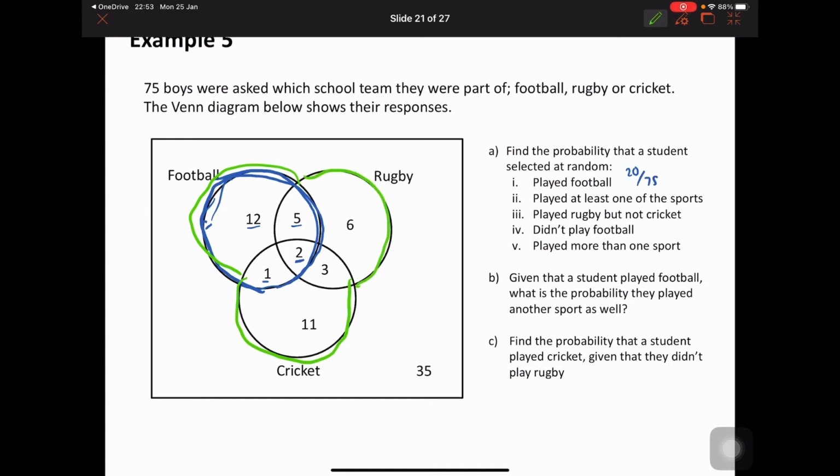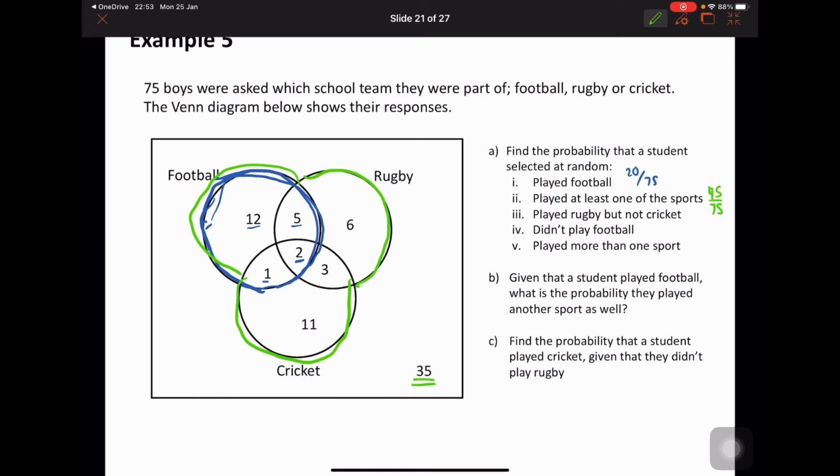I always think it's useful to go back to the Venn diagram, highlight it, use a different color if you have a different color. But yeah, it makes it so much easier in my opinion. Played at least one of the sports. So we could add these values up, but an easier way of doing it is doing 75 take away 35, and that would give us 45 over 75.